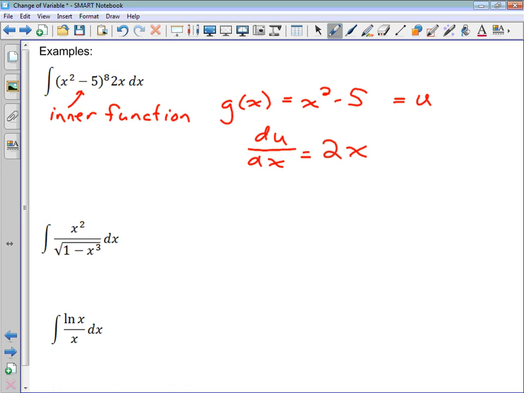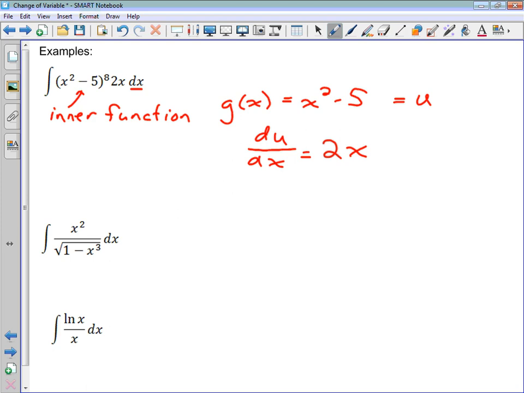Straightforward. Now, the other thing we have to worry about is in here, we're integrating over dx. What is dx equal to, because we're not going to be integrating over x anymore, we're going to be integrating over u. So we're going to get some integral over a function of u times du.